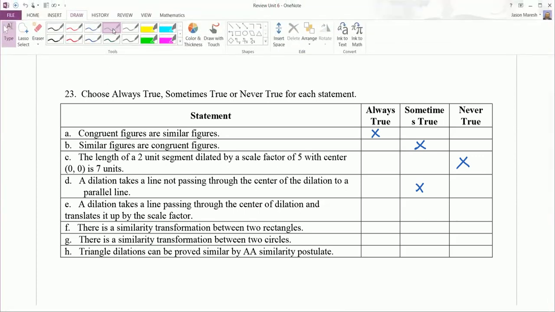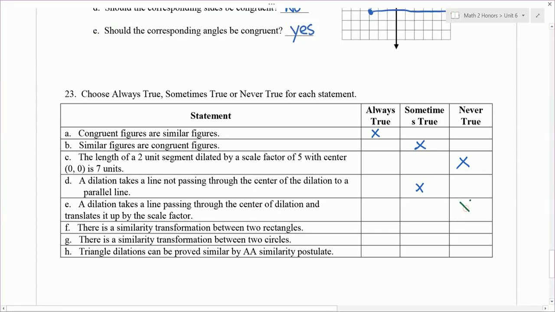So that's never true. There is a similarity transformation between two rectangles. That's not always true because you don't have to have proportional rectangles. You can, though, so we'll say sometimes true.